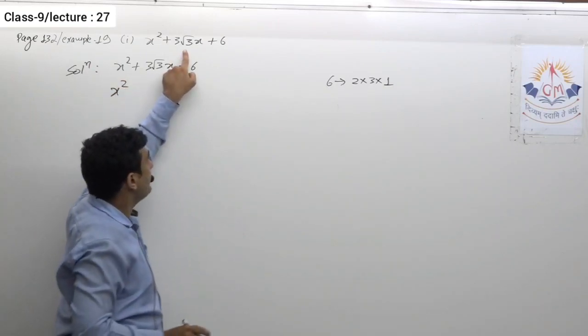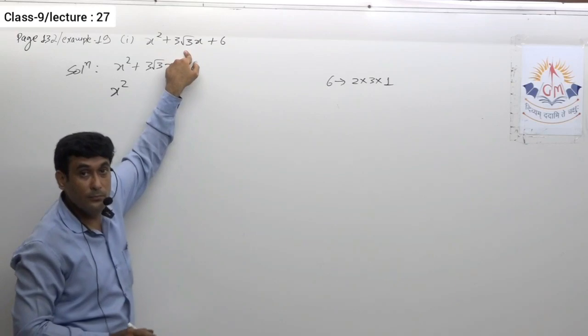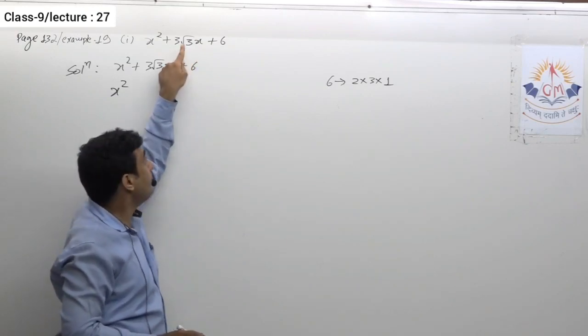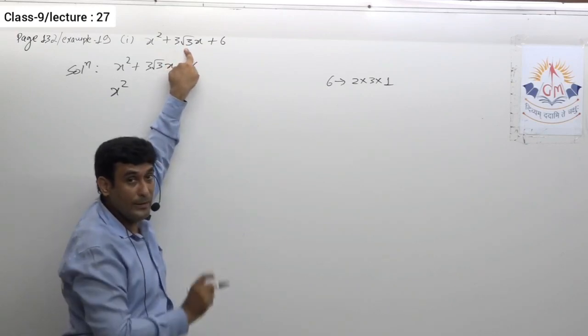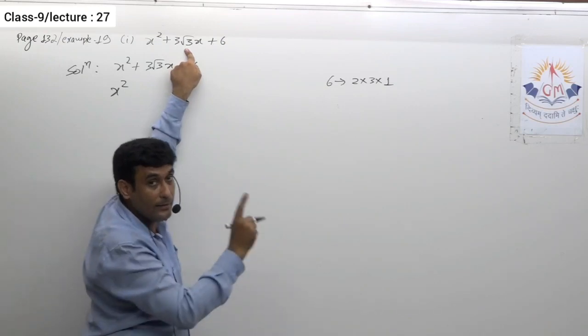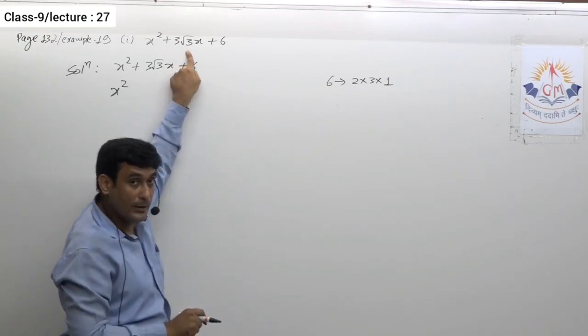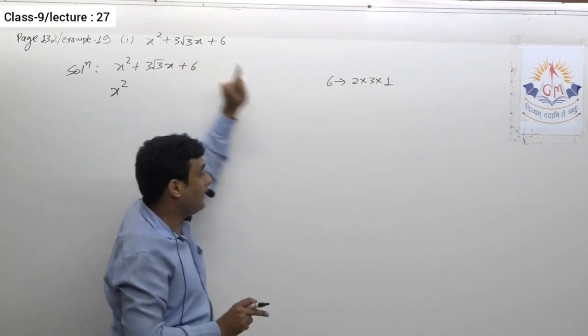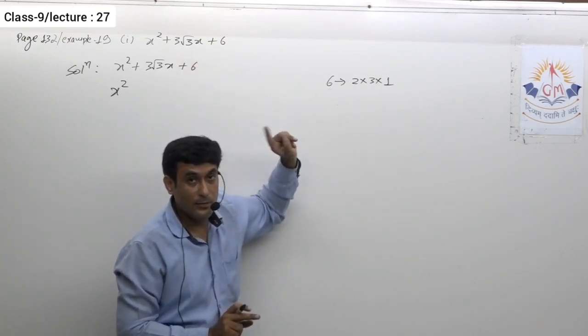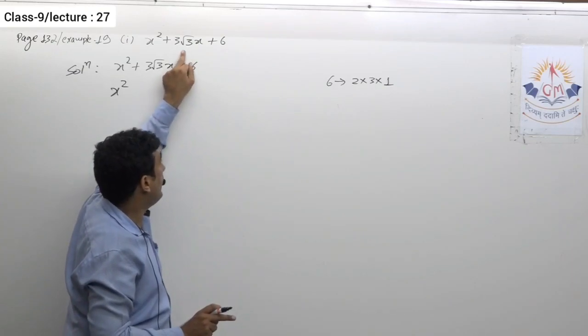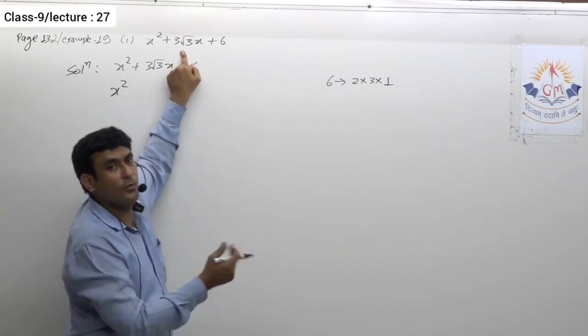Now you can see there is a root 3 in the middle term, isn't it? If root 3 is in the middle term, be sure you will get a factor as 3. Suppose here you have root 6 in the middle term, then definitely as a factor you will get 6. Suppose you have root 5 as a middle term, 2 root 5 or 7 root 5, whatever.